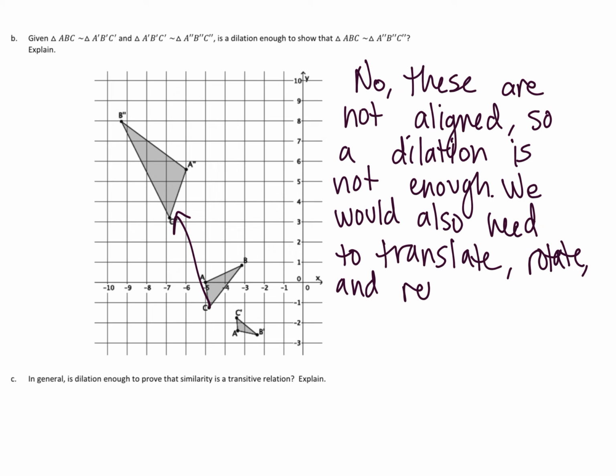So again, in part C, it says, in general, is a dilation enough to prove that similarity is a transitive relation? No. In some cases or situations, we also need rigid motions to move the dilated figures.